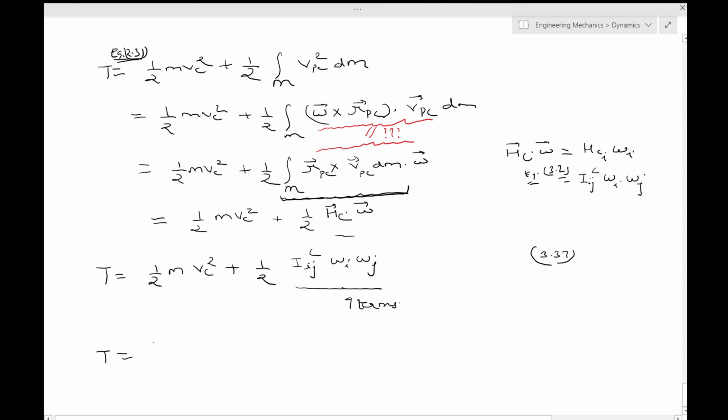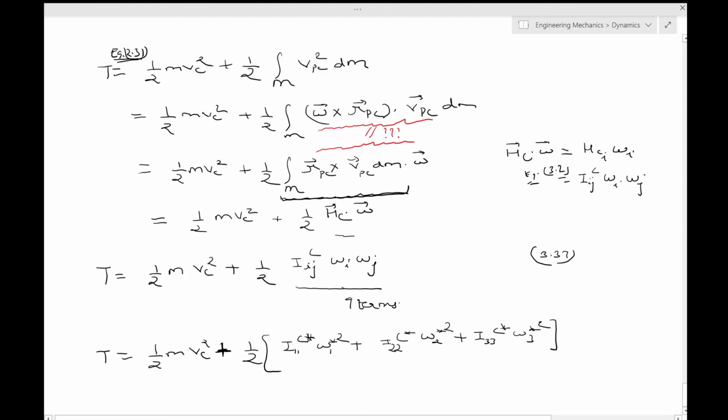In the principal system, I will be able to write it in this form: half into I11 of C star omega 1 star whole square plus I22 of C star omega 2 star whole square plus I33 of C star omega 3 star whole square.